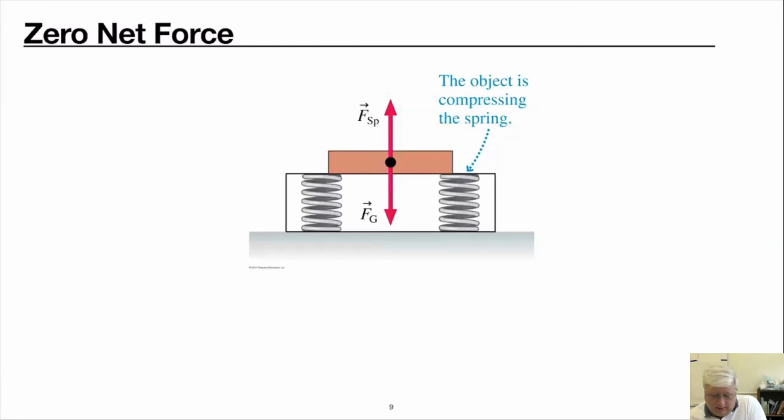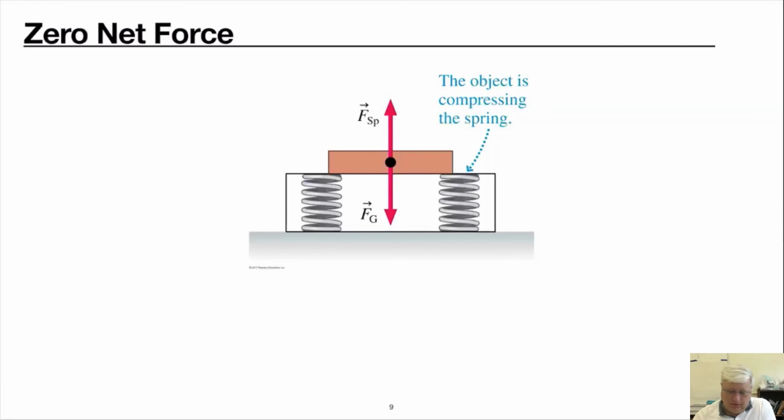Sometimes you'll see on the scale, especially older ones with a dial, it would wiggle back and forth until it came to rest, just because of the bouncing from getting onto the scale. Then it would finally reach an equilibrium. It would no longer go back and forth, and so there was a net force of 0.